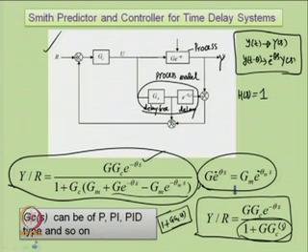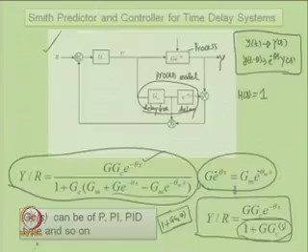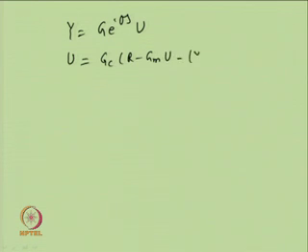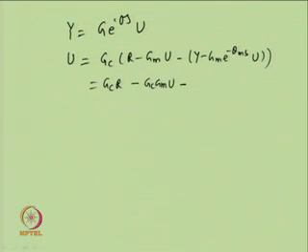Using the information that y equal to G e^(-θs) u, again u equal to G_C (r - G_m u - y - G_m e^(-θ_m s) u), equal to G_C r - G_C G_m u - G_C G e^(-θs) u - G_m e^(-θ_m s) u.